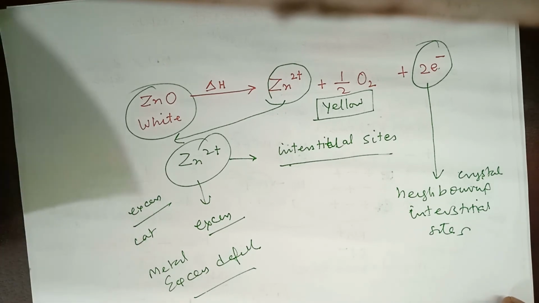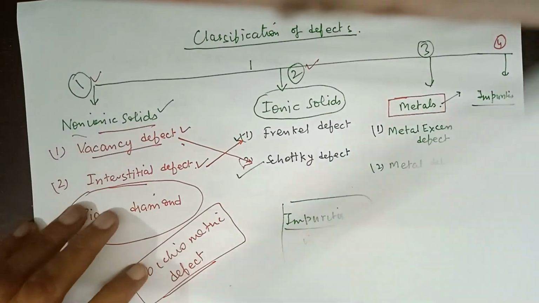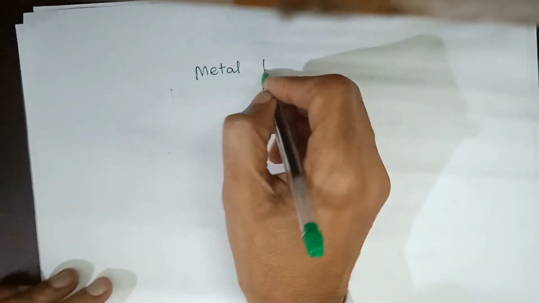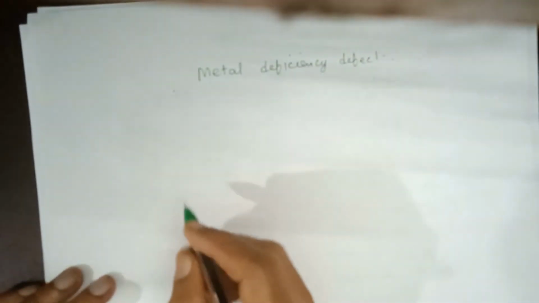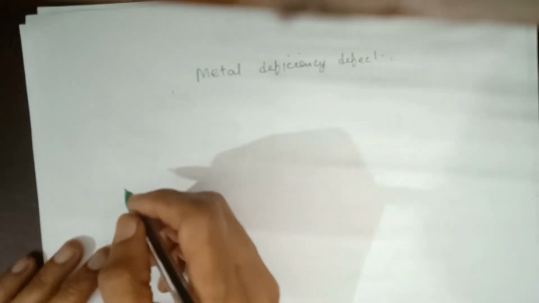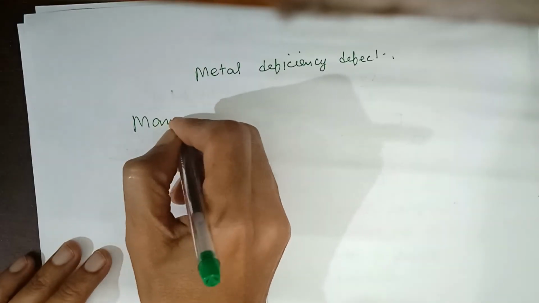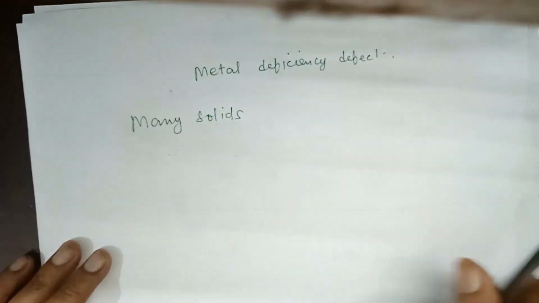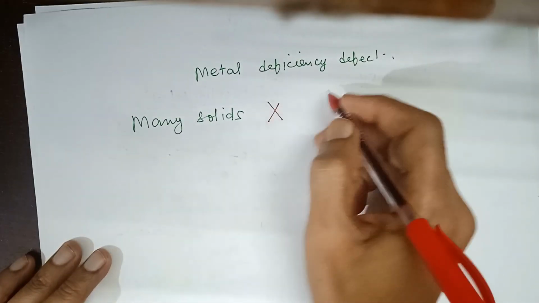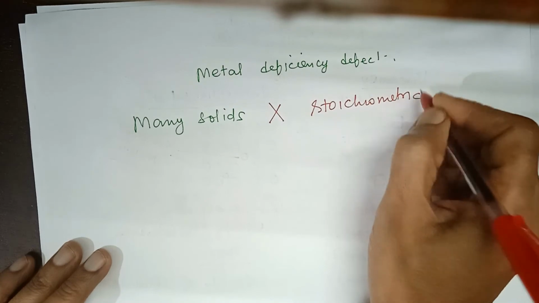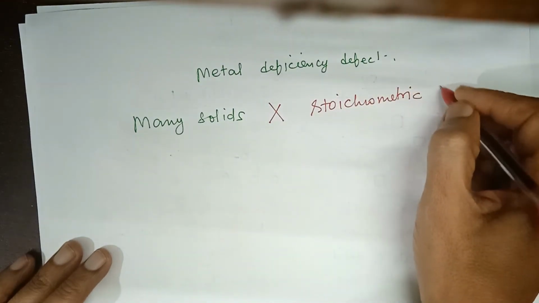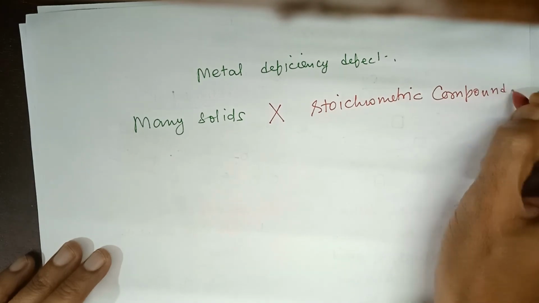Now we come to metal deficiency defect. Many solids are not stoichiometric compounds as shown by their formula.